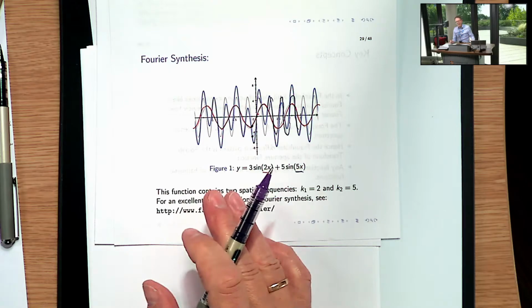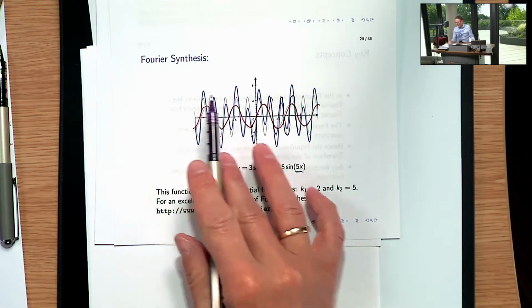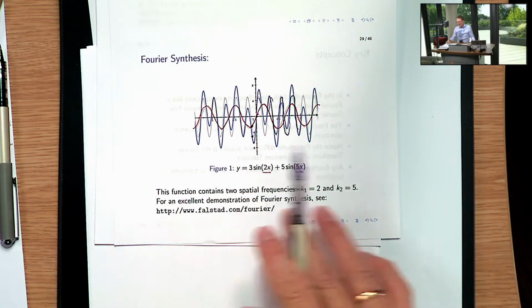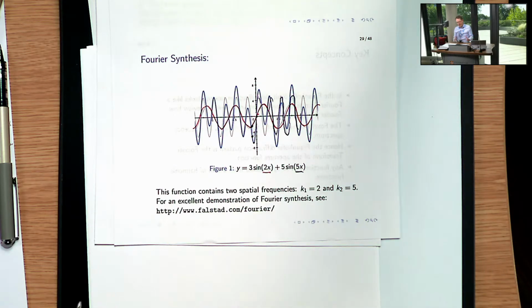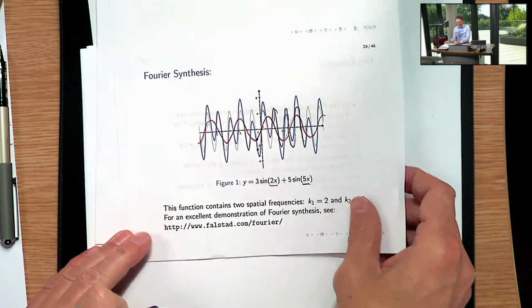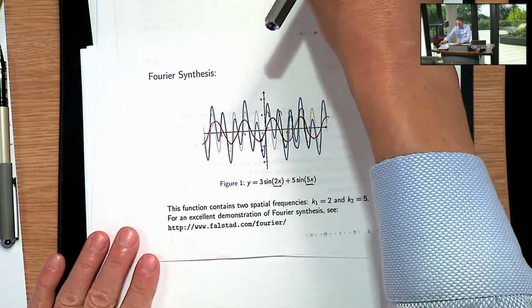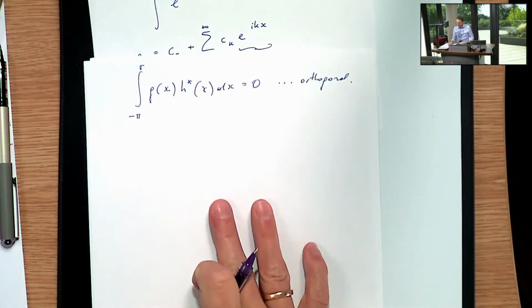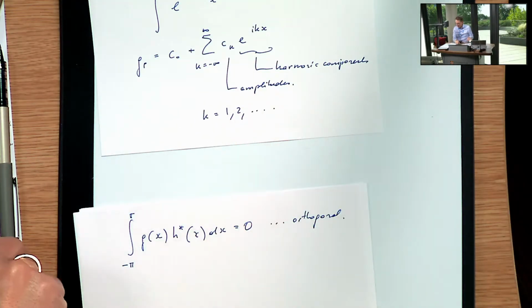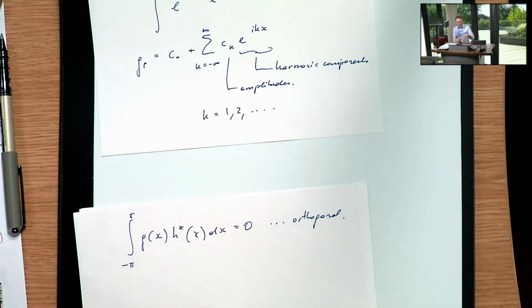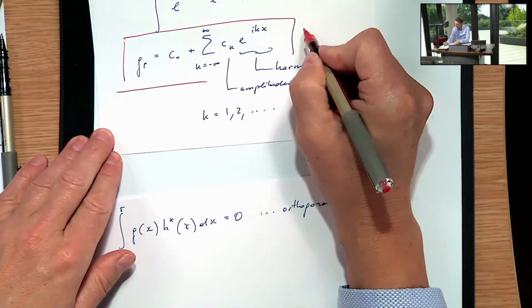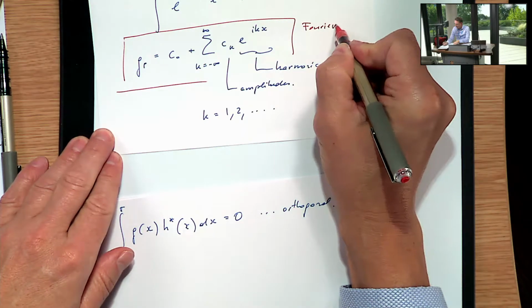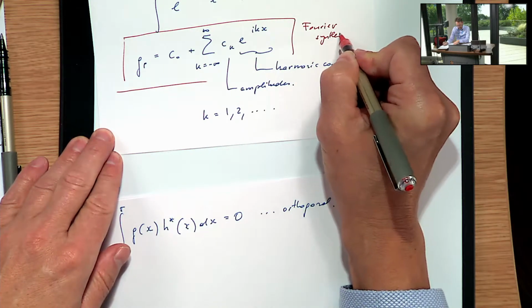And it doesn't matter what periodic function you can think of, i.e. one that repeats after each period, the function repeats. Any function can be represented as a synthesis like this, so this is called Fourier synthesis.